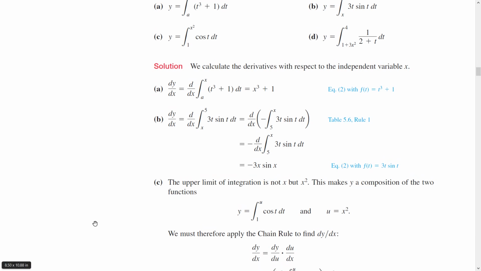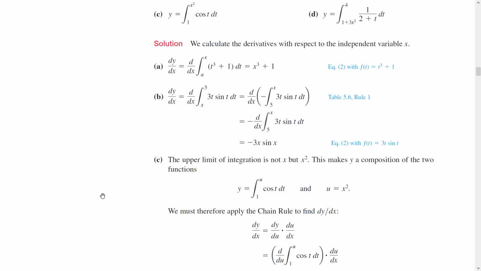Next, y is equal to the integral from 1 to x square of cos t dt. Now in order to make the upper limit a variable rather than a power of a variable, we make a substitution. The upper limit of integration is x square, so let x square be equal to u.